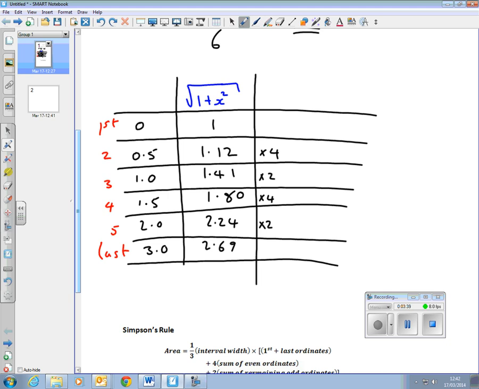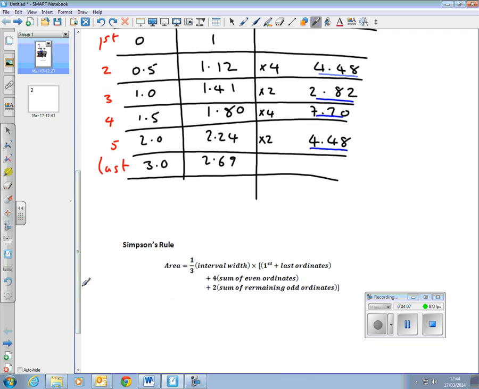So in this column I'm going to multiply each of these values, so 1.12 times 4, which is 4.48, 1.41 times 2, 1.8 times 4, and so on. So you multiply each of those out to get these values here, 4.48, 2.82, 7.2 and 4.48.